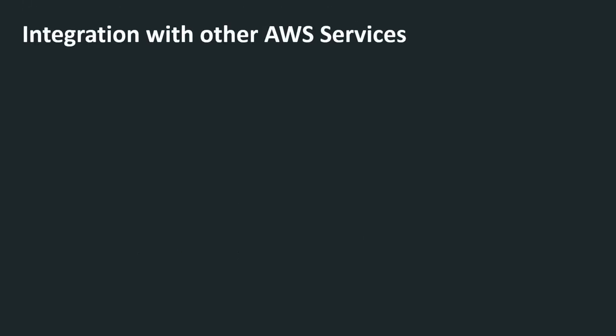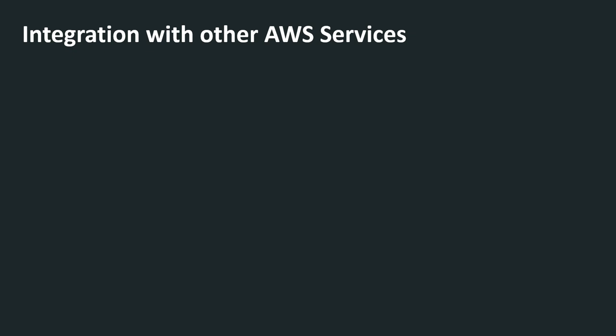And of course, when you run your containerized application on AWS infrastructure using an AWS service, you have the advantage of using any other AWS services from the AWS ecosystem, right?